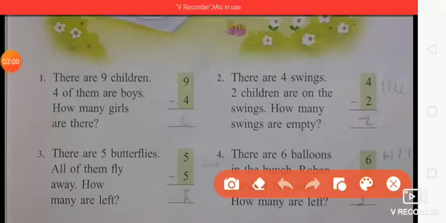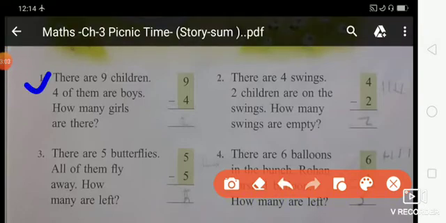First one: there are 9 children going to the picnic. 4 of them are boys. It means there are 9 children, 4 of them are boys. How many girls are there?